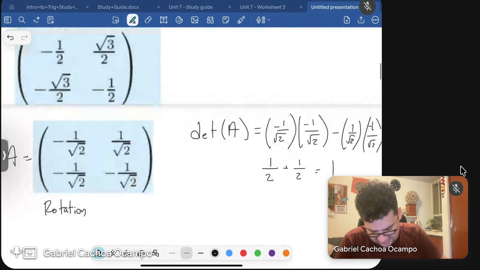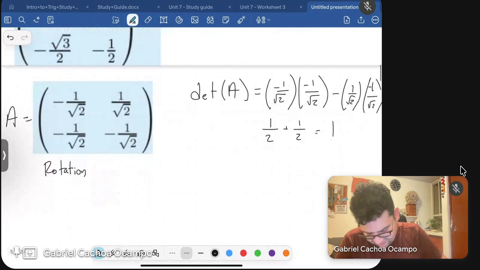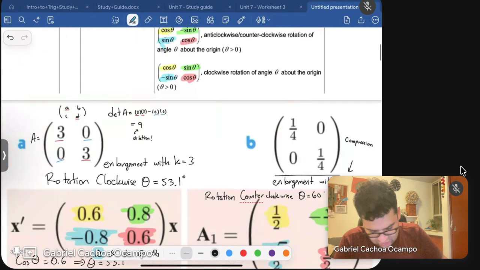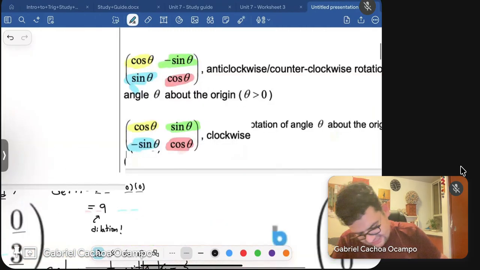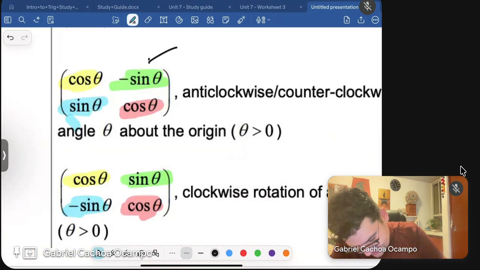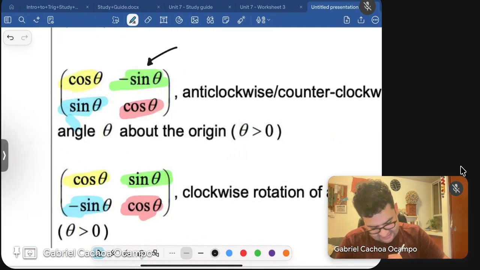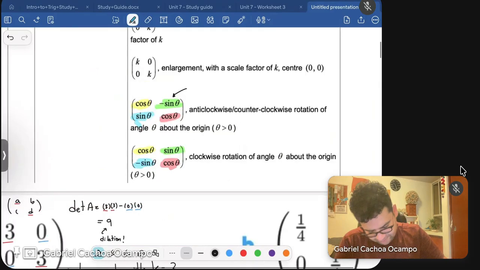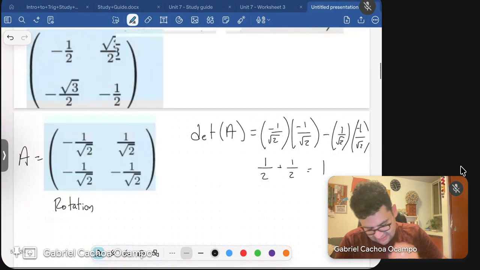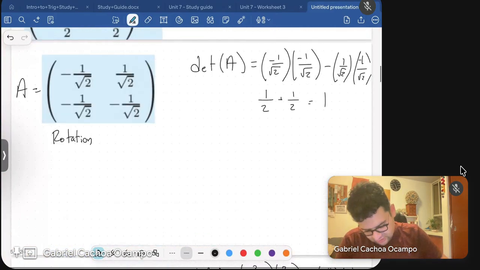Okay, and look, I have a negative in everyone except in here. I know that if I have a negative in here, this negative means that it is anti-clockwise. This is something that I need to tell you.